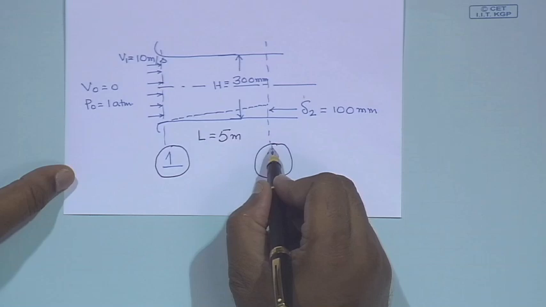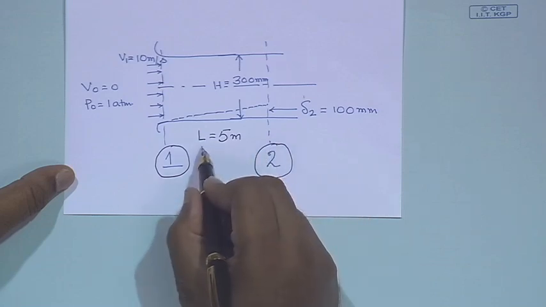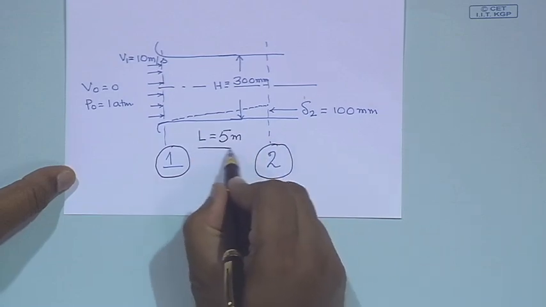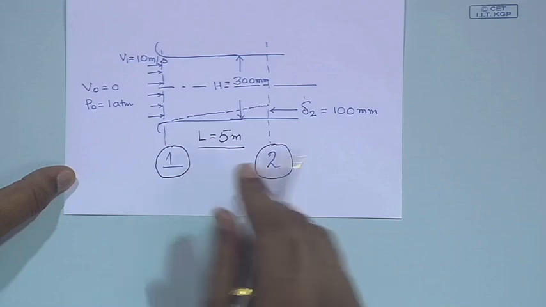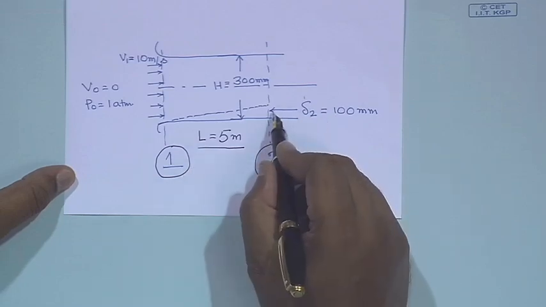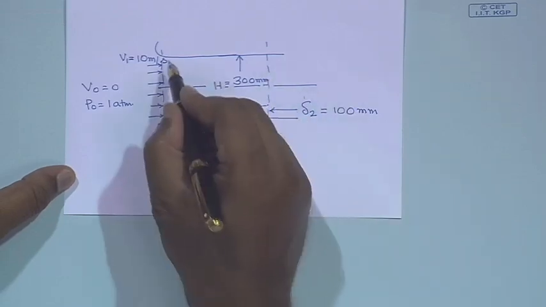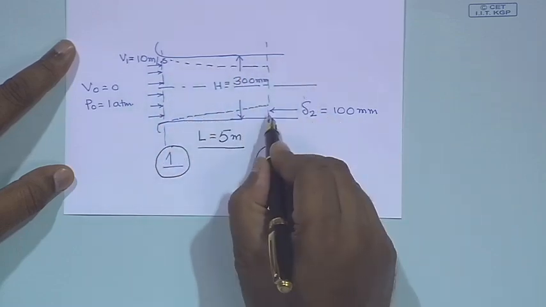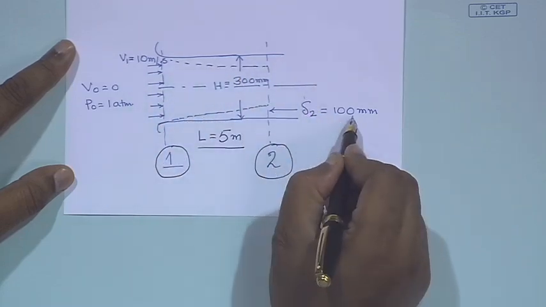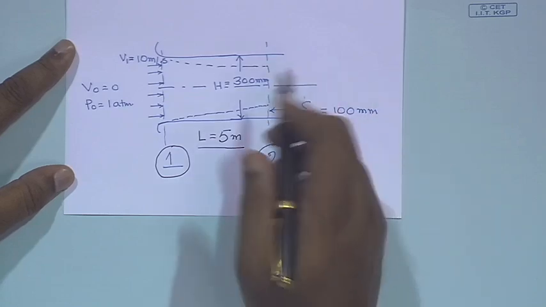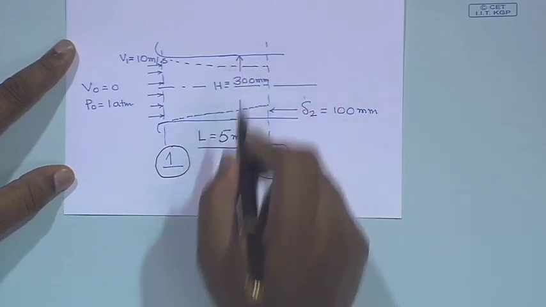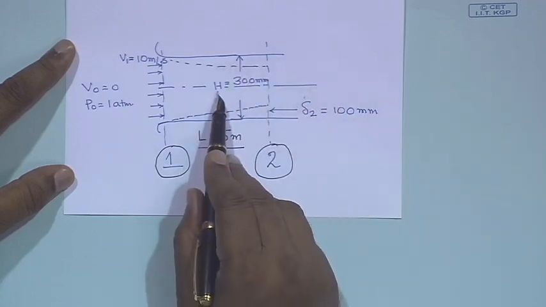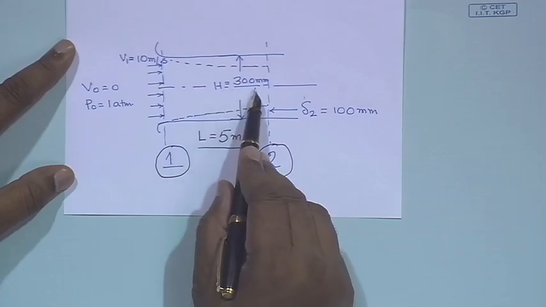When I come to location 2, at a distance of 5 meter from 1, the thickness of the boundary layer at the bottom, and we are going to have a similar boundary layer at the top, this thickness delta 2 is equal to 100 millimeter. The separation between the plates, the dimension, is h equals 300 millimeter.